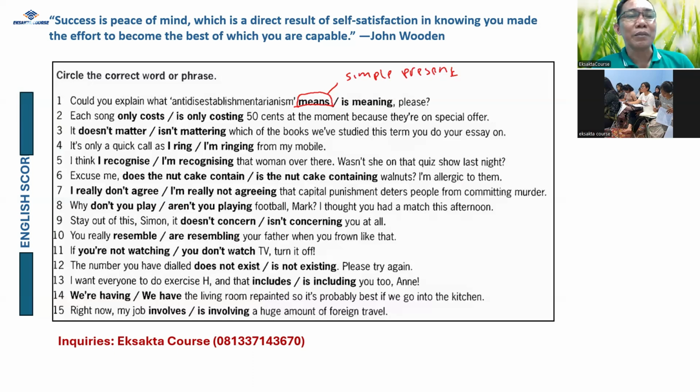And then number 2. Each song only costs, is only costing, 50 cents at the moment because they are on special offer. Look at there, it is simple present. We know that it is simple present because there is special offer. Underline special offer at the end of the sentence.